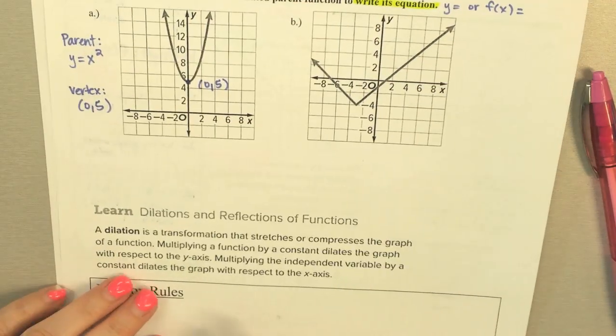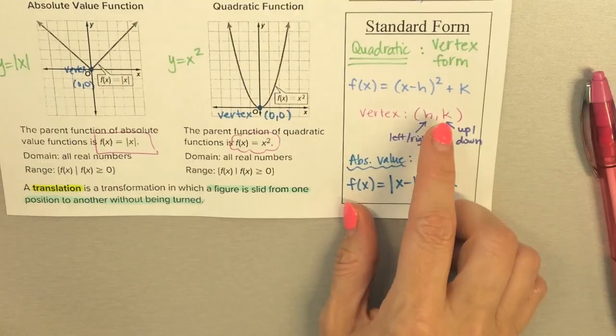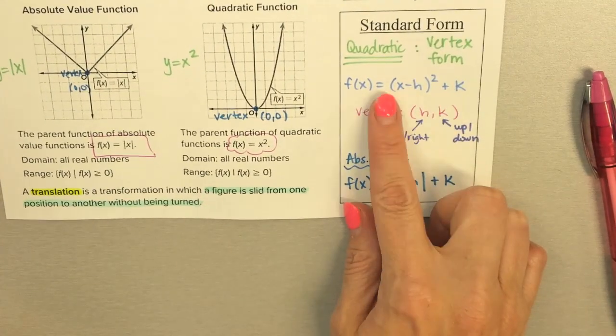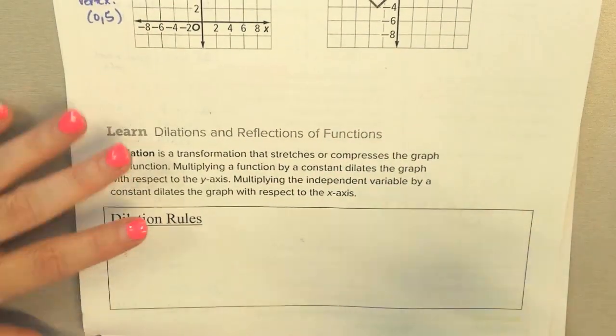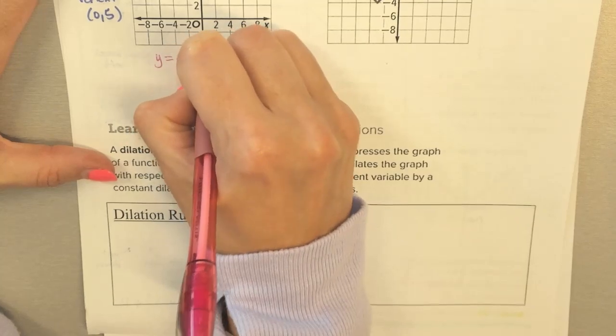If we look back at what we wrote down about the standard equation, we know the vertex is going to be h and k, so we can plug that into this equation here. I'm just going to write down that vertex form so you can see it before you plug it in.